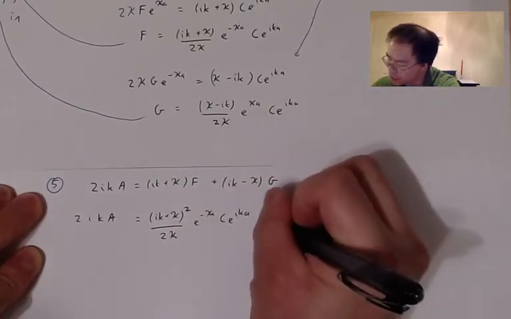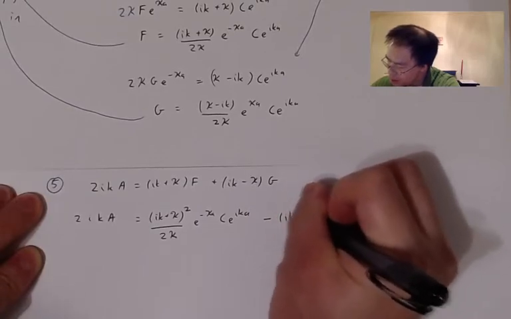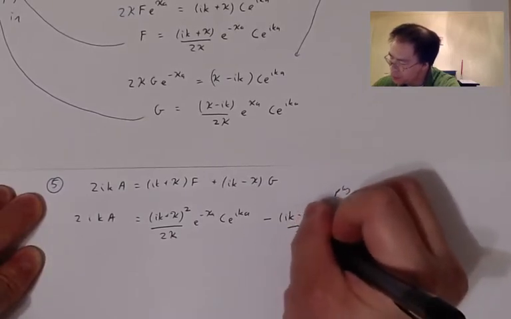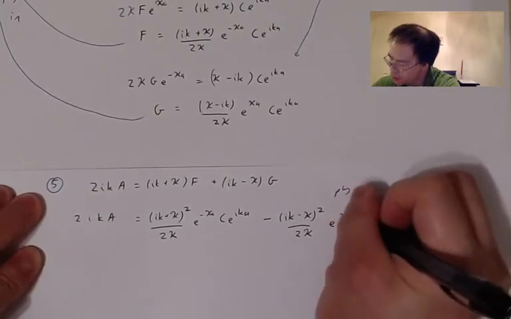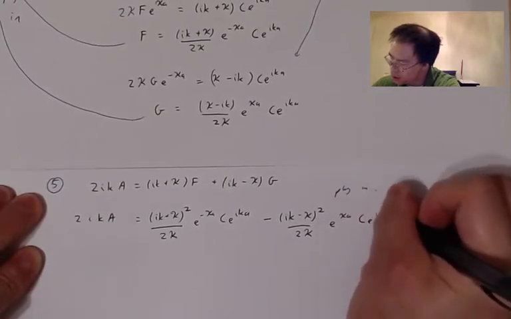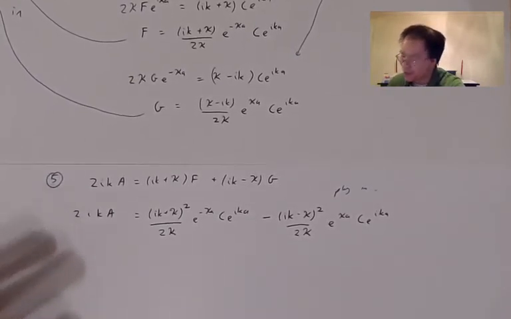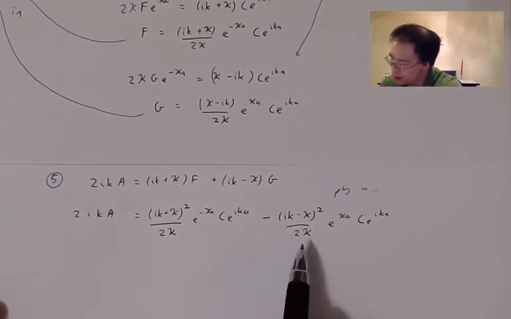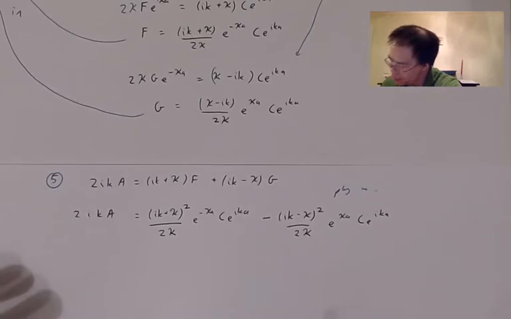So I'll write this as minus ik minus kappa, the quantity squared, over 2 kappa e to the kappa a, c e to the ik a. Okay, this is a little messy, but we're getting somewhere. Just convince yourself that this is legal, that I just pulled out a minus sign. So far, so good.